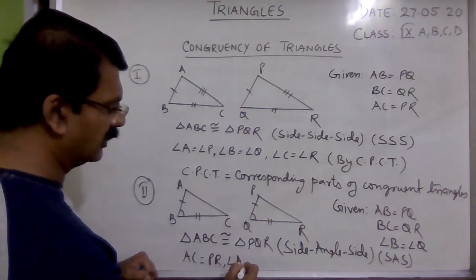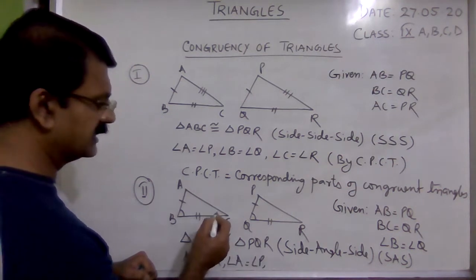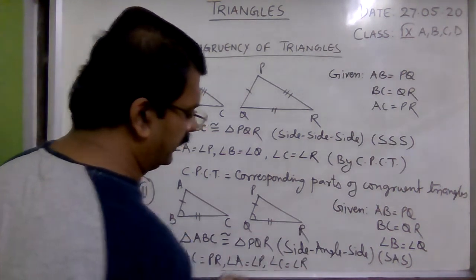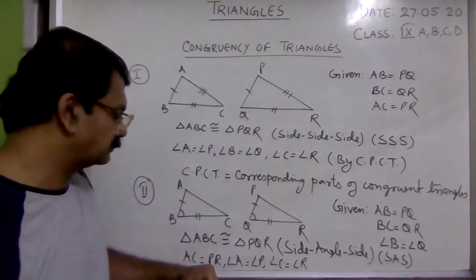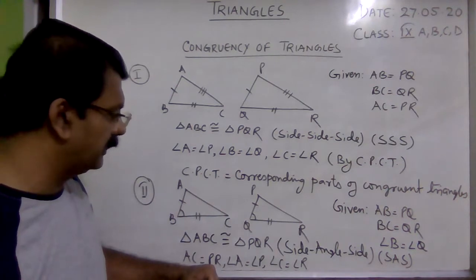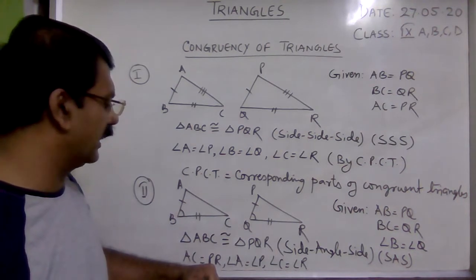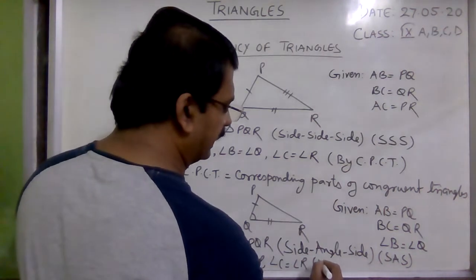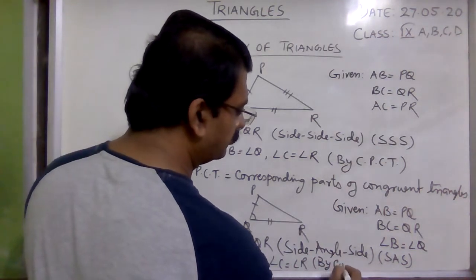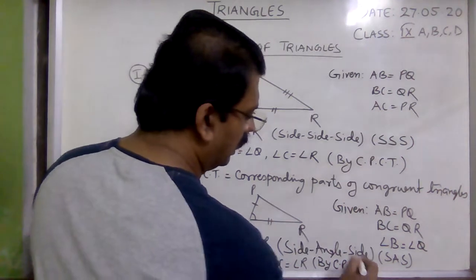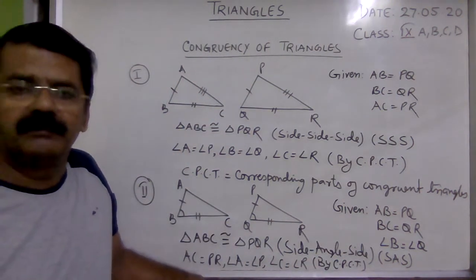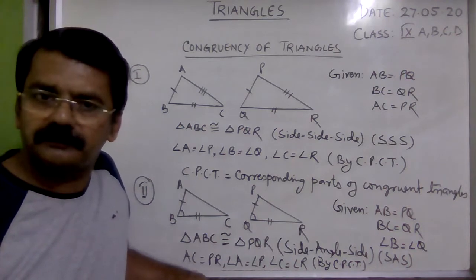Angle A is equal to angle P and angle C is equal to angle R. Means the remaining corresponding parts are also equal. Again you will write the reason by CPCT, and all of you know the meaning of CPCT.